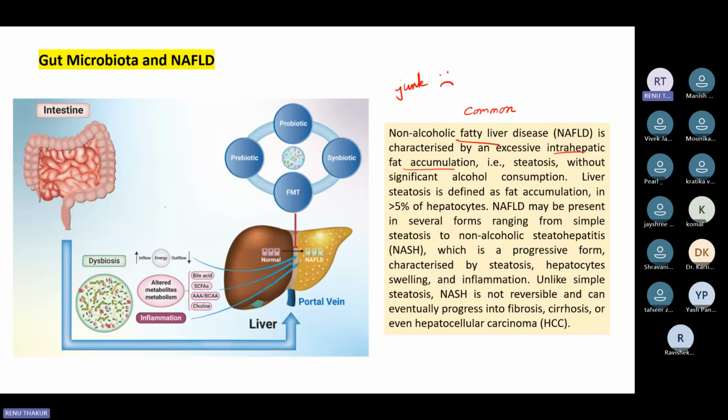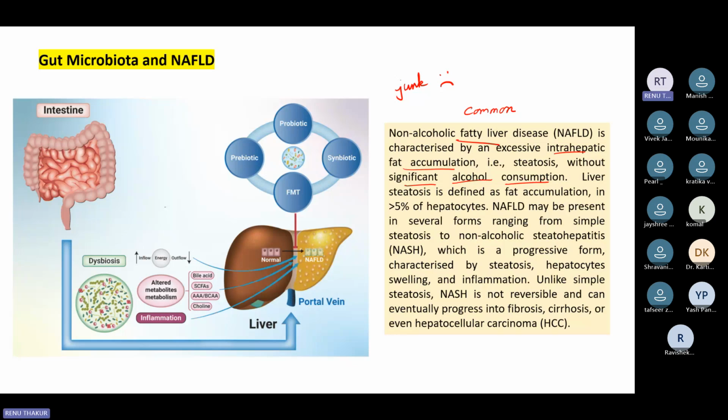You can see in this diagram. So why this is known as non-alcoholic fatty liver disease, I have discussed this previously also, that this is not related to significant alcohol consumption. Why is this non-alcoholic? Because this is not dependent on alcohol consumption.